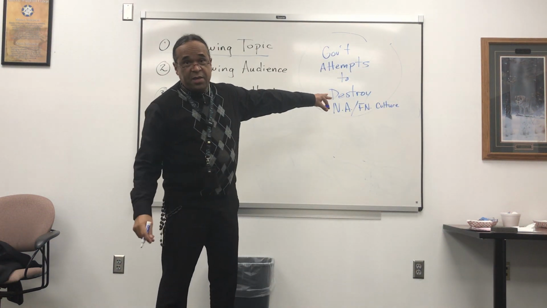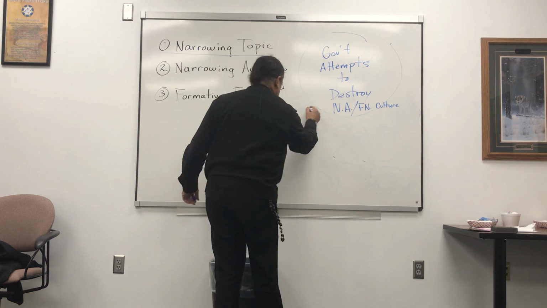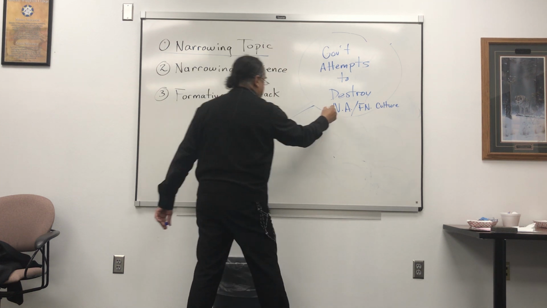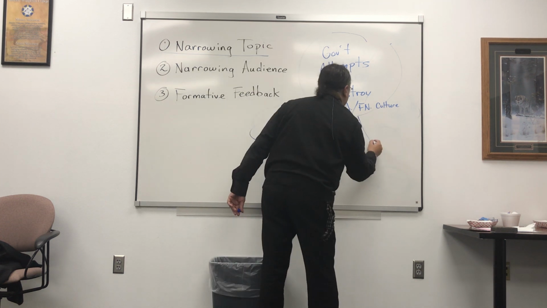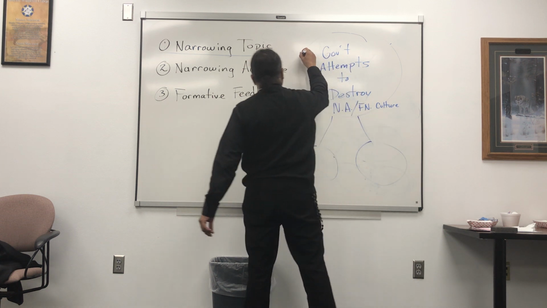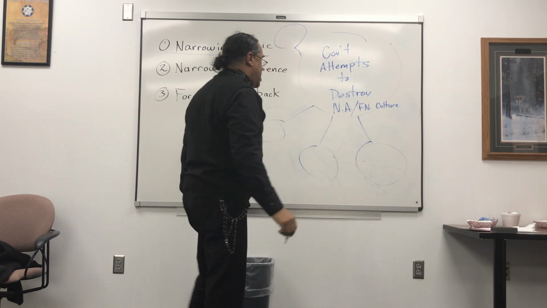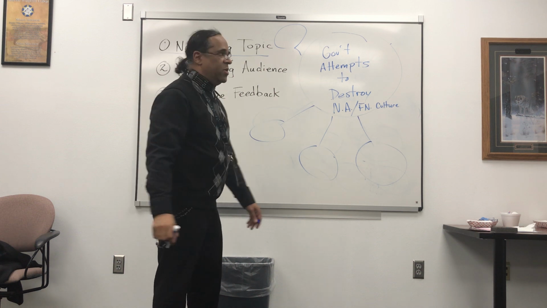And then I can take this and do the same thing. I can run off with different tribes, with various communities in the urban Indian community. I can go nuts with this one.